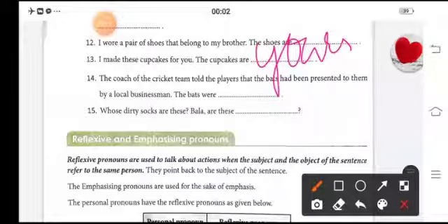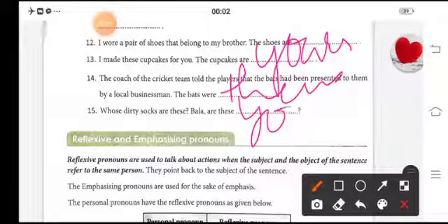The coach of the cricket team told the players that the bats had been presented to them by a local businessman, so the bats are theirs. Then, whose dirty socks are these? Bala, are these yours?